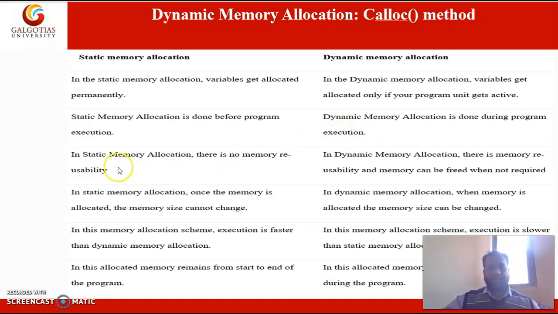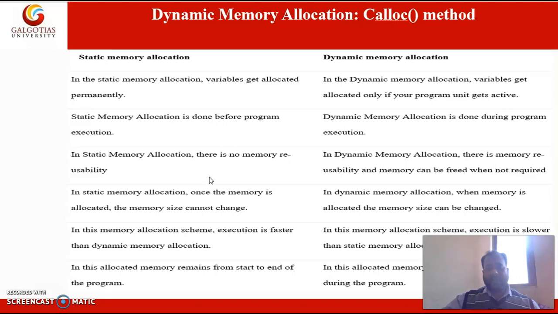Next, in static memory allocation there is no memory reusability. What do we mean by memory reusability? Suppose in the declaration section you have declared an array of size 10. It will store 10 ints, and if an int takes 4 bytes, then a total of 40 bytes is allocated to it.